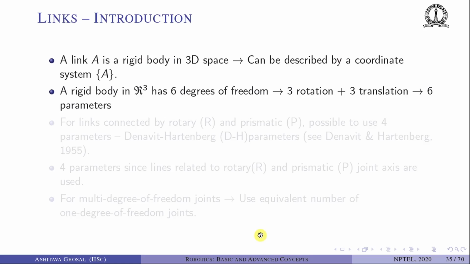A rigid body in 3D space has 6 degrees of freedom, 3 rotations plus 3 translations, so it must have 6 parameters.